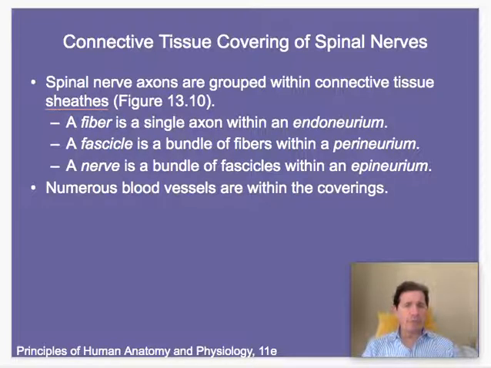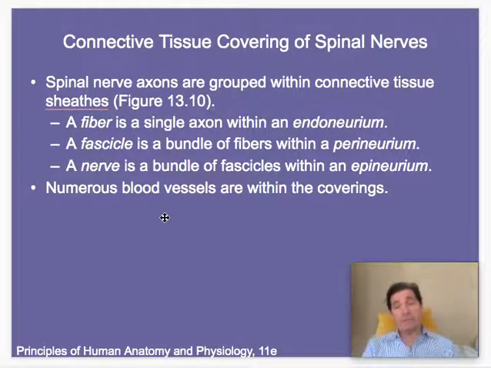If we look at the nerves, we have fibers, we have fascicles, we have nerves. Nerves are the biggest, which are covered by epineurium, which is made up of bundles of fascicles. Each fascicle is a bundle of fibers, which is within a covering known as a perineurium, and each fiber is a single axon with an endoneurium.